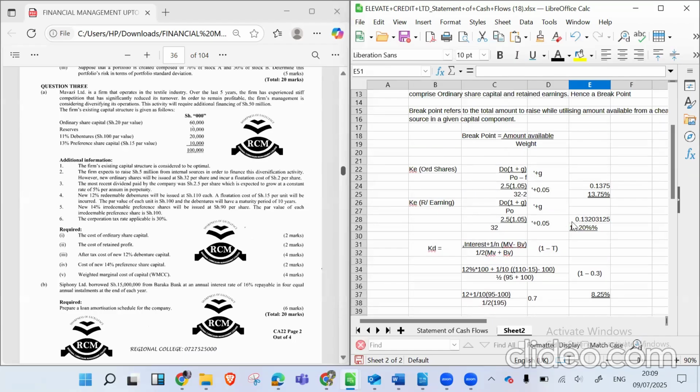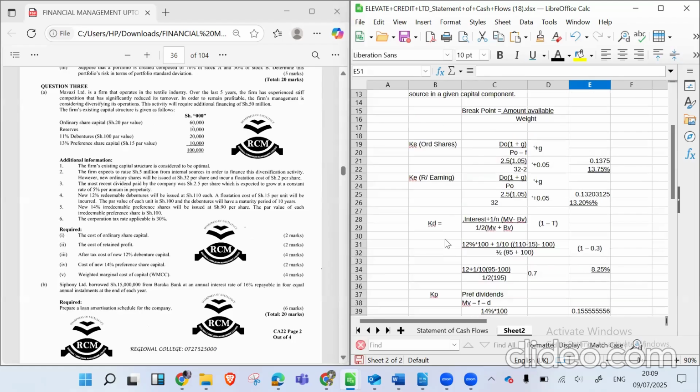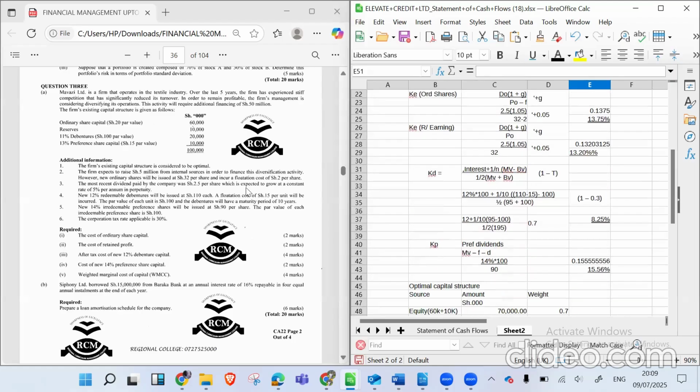And for the source that is cheaper, you'll at least be given the maximum that you can raise from there. That's where note number 2 comes in. Out of my equity, I have retained earnings. We can raise 5 million from internal sources, that is retained earnings.